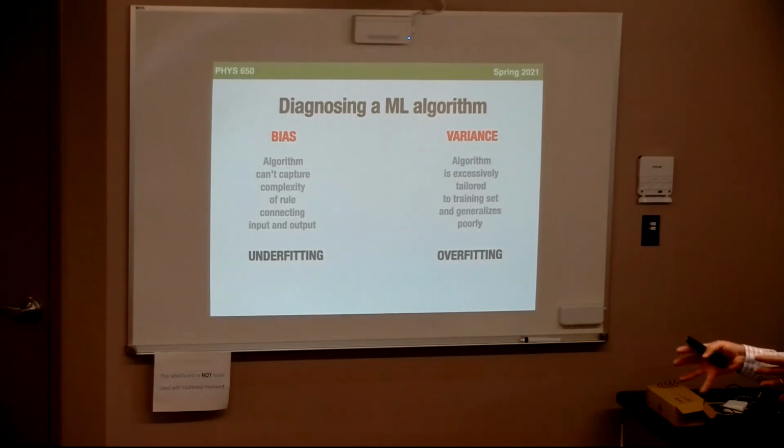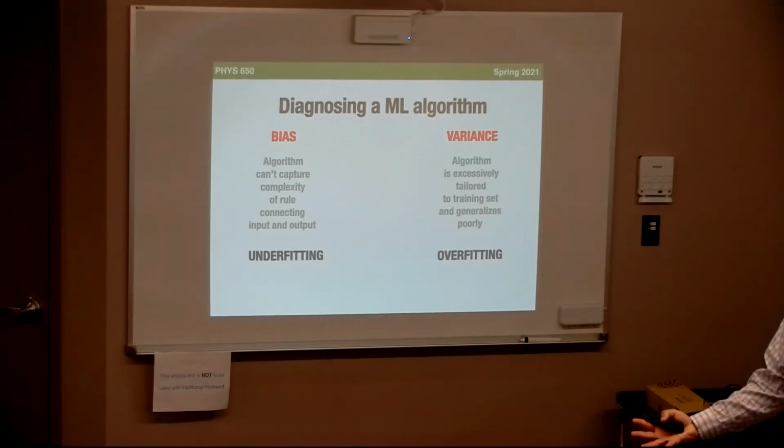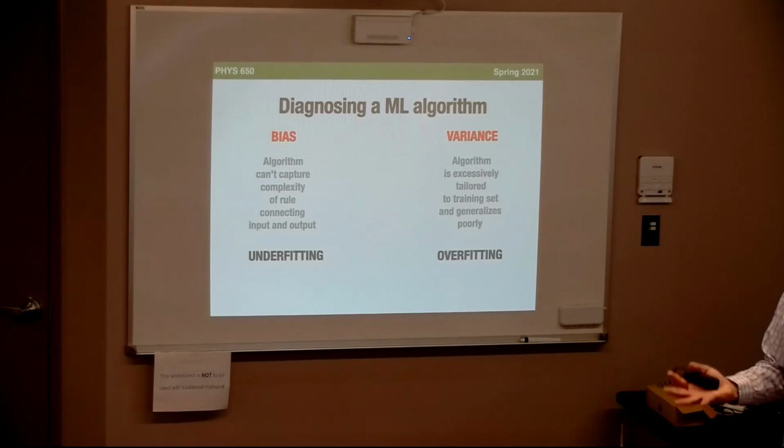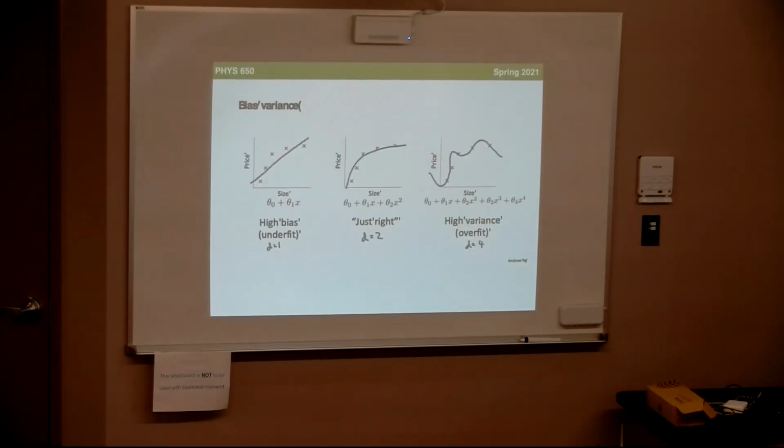So I can underdo it or I can overdo it, and that's where you come in, as you have to evaluate how well it's actually doing. A good example is exactly this: we're leaving it completely empty, then fitting it just right, and then we have too high variance, with so many parameters that the minute I get a new data point, it's completely off base. Same thing.